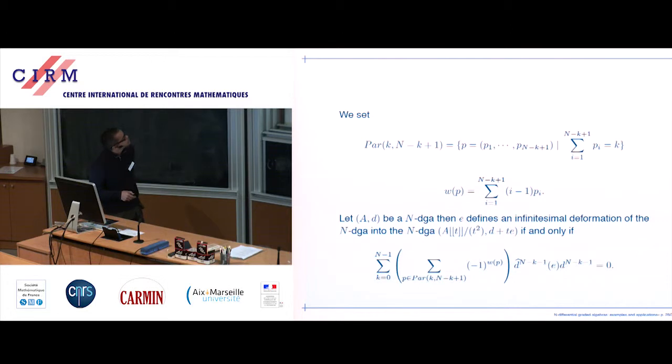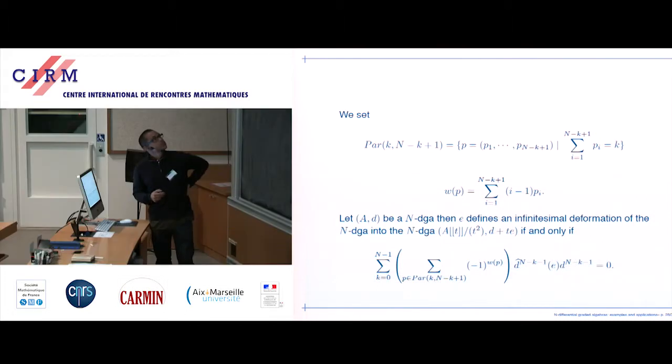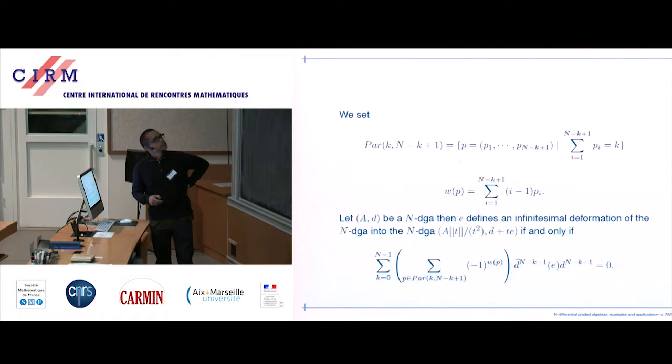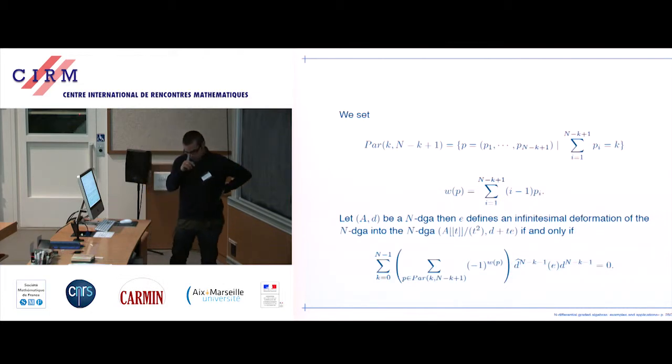And you have to find what are the coefficients that appear, and they are indexed by partitions of k into this number of blocks. Every partition you weight by this number, and then you get these coefficients. Okay, this is an example of how you construct infinitesimal things.